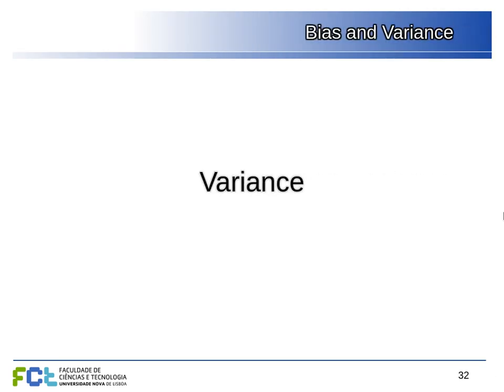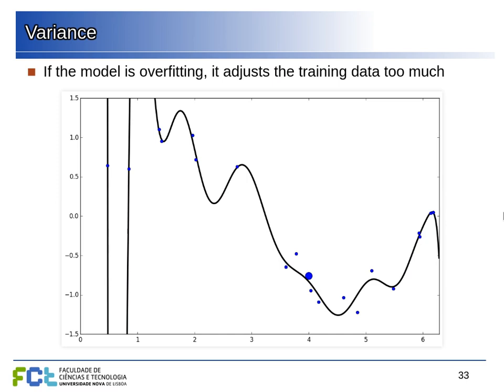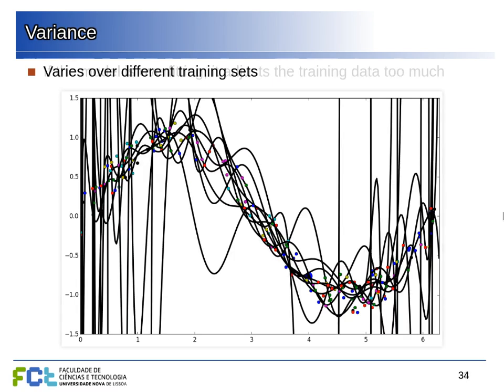And another concept here is variance, which is the dispersion between the different predictions that we are making. So let's suppose that we have the other problem, the method is overfitting, and now as we train our model with different sets of data points, we get very different hypotheses each time we train.